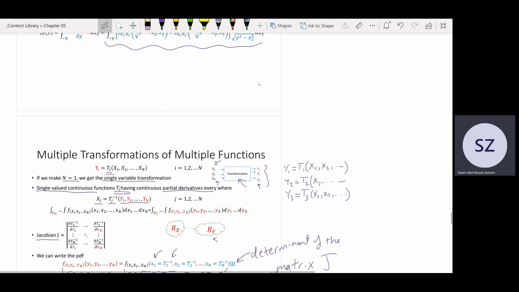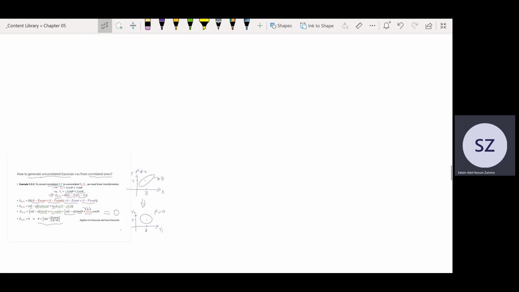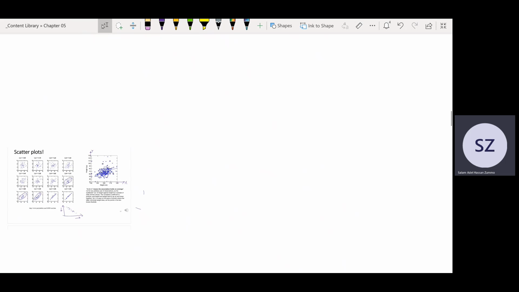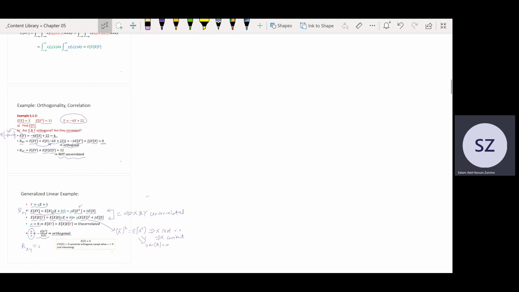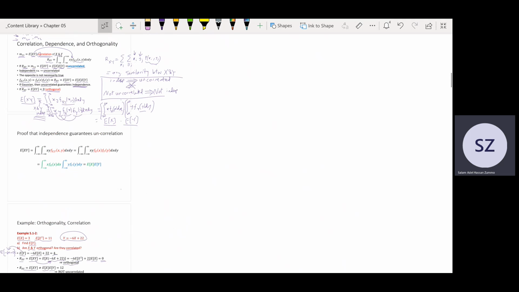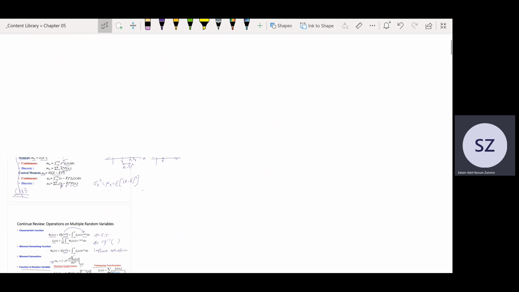Okay, let me go very quickly over what we did in chapter 5, at least highlighting the main ideas and information before we go into chapter 6. Luckily, we also have the review of chapter 3.